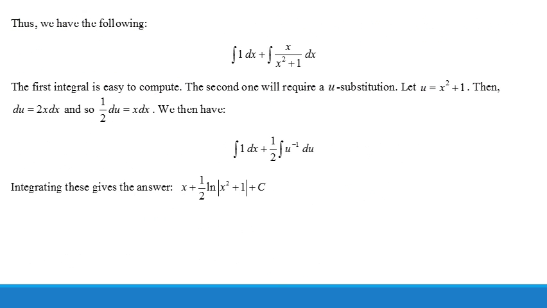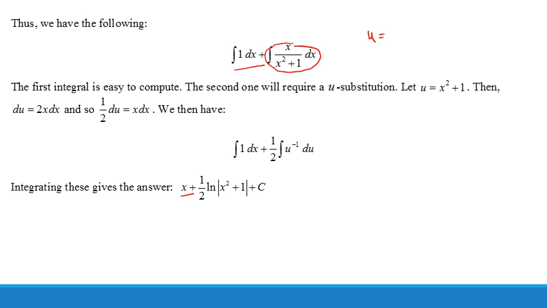What I went ahead and did is split it into two integrals, because the first term is easy to integrate. It's just 1, and I know the antiderivative of that is just x, which you see down here in the answer. The second integral is going to require a u-substitution.